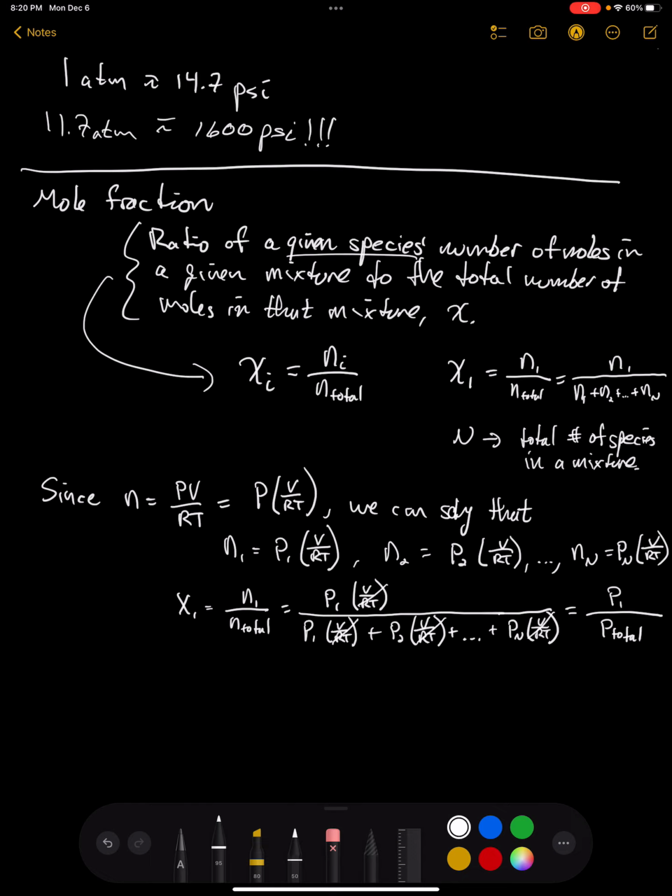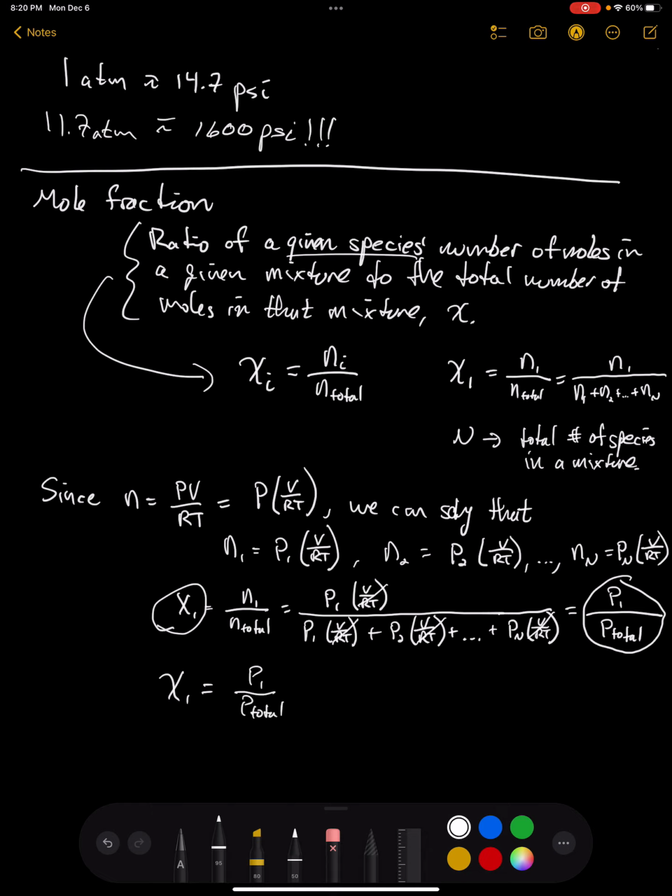So notice that the mole fraction of a given species in a mixture is simply the partial pressure of that species divided by the total pressure in the mixture. So we can say X1 is equal to P1 divided by P total.